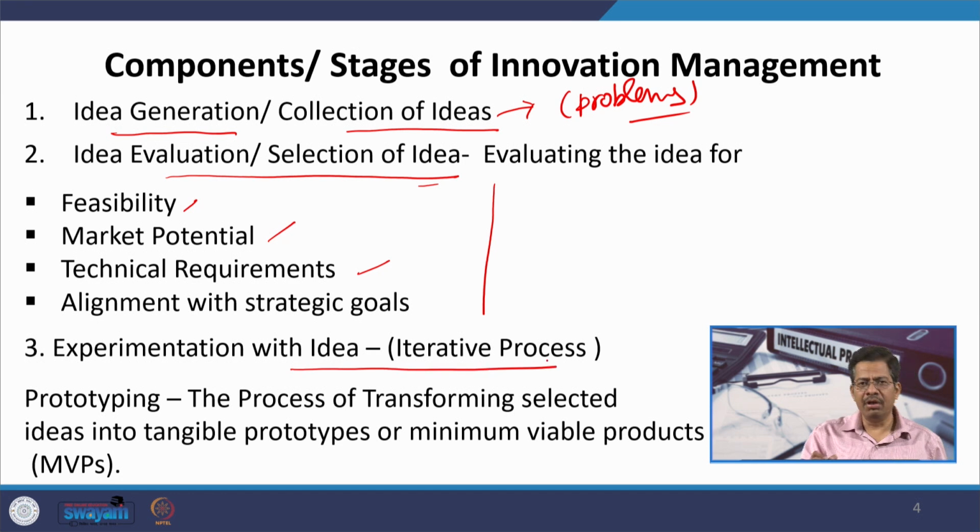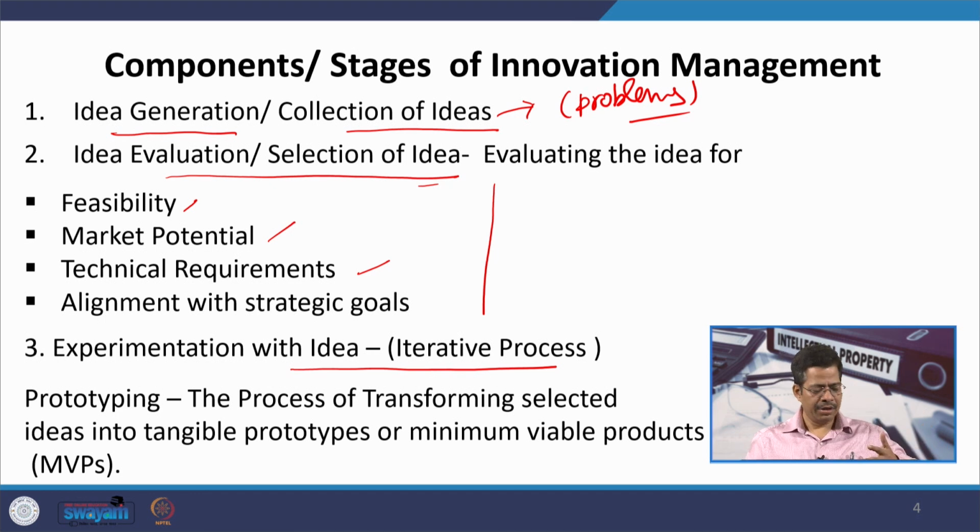Then you also need to iterate with the ideas. The idea which is coming to you may not be implementable immediately. You need to test various assumptions, and testing the assumptions is basically experimenting with the idea: whether you have enough technical knowledge to implement that idea, whether you have enough resources for implementing that idea, whether the customer will accept that idea.